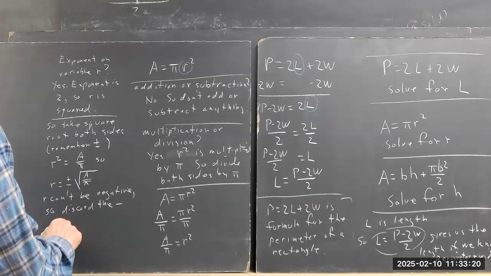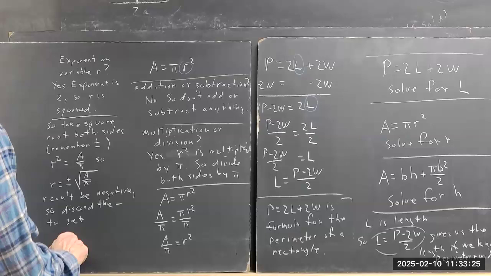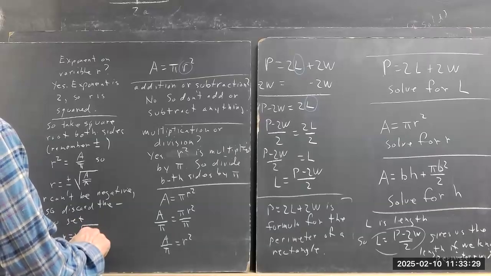So we discard the minus to get r equals the square root of A over pi.